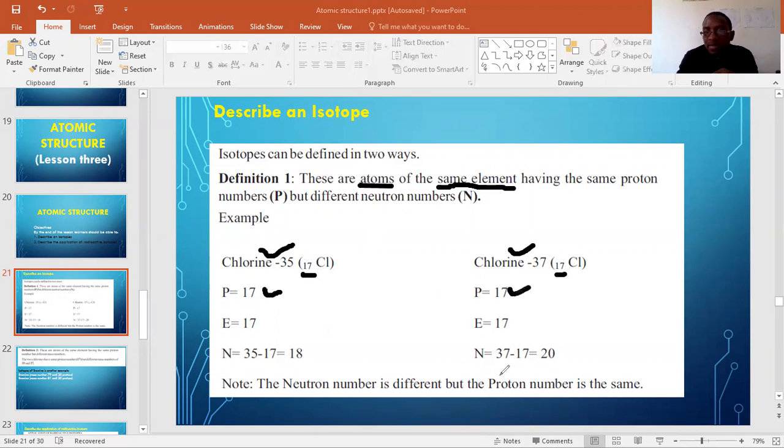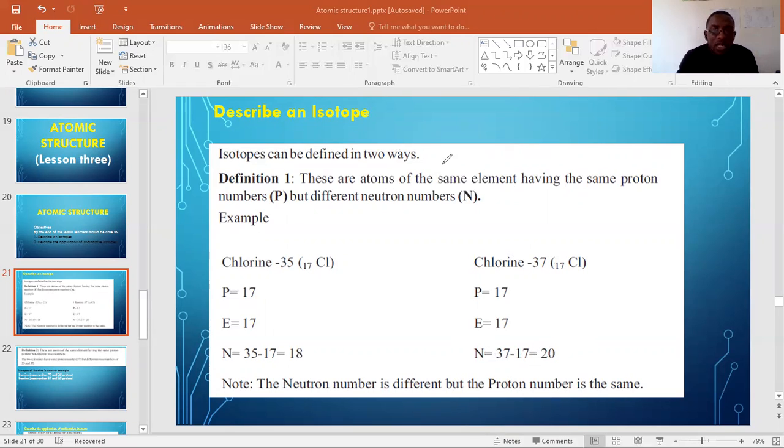Now, in terms of neutron numbers, for chlorine 35 it will be 35 minus 17, and we get 18. Then in chlorine 37, it will be 37 minus 17, which gives us 20. So basically what is different are the neutron numbers, but the proton numbers are the same. That is one way of defining an isotope.